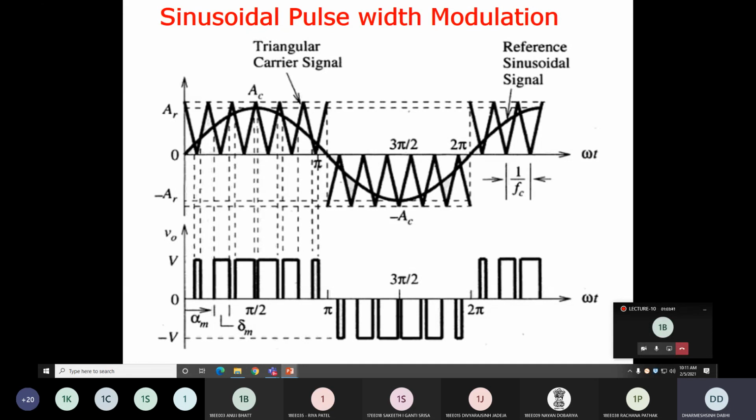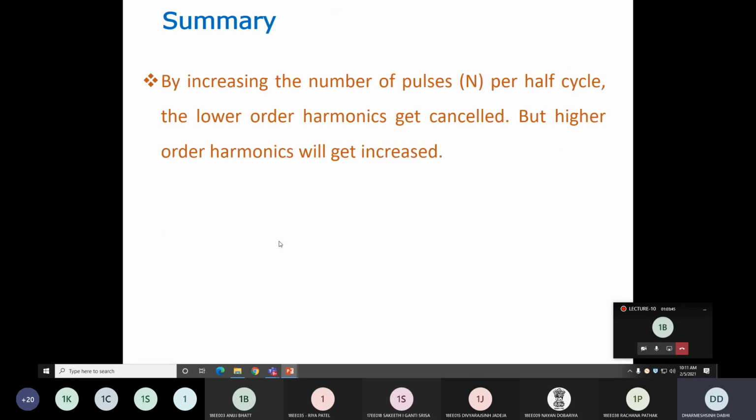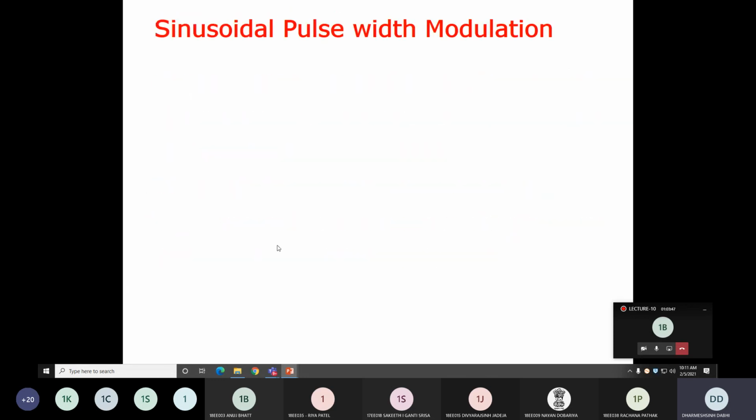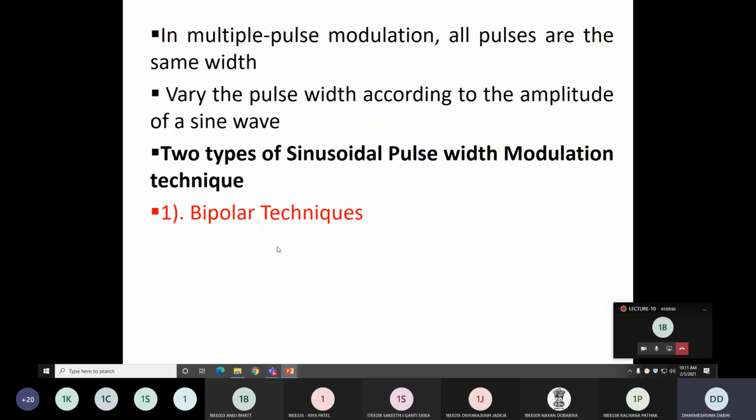Clear? So this is the basic of the SPWM technique, in which there are two methods: bipolar and unipolar. We will discuss these two techniques in today's lab hours, and understand how we can reduce the harmonics by them.